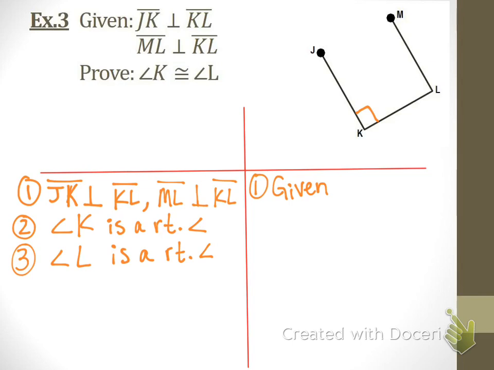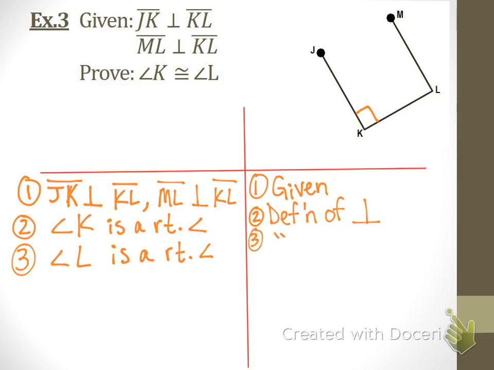So my reason for 2 and 3 is going to be the same reason. Does anybody know what it is? Definition of perpendicular. Very good. Definition of perpendicular. Because we had perpendicular lines, we knew we had right angles.